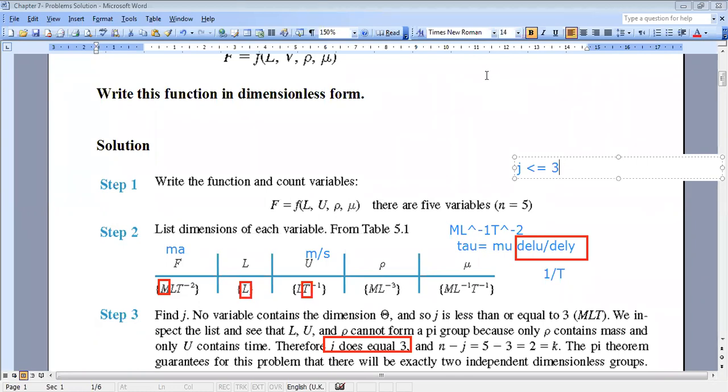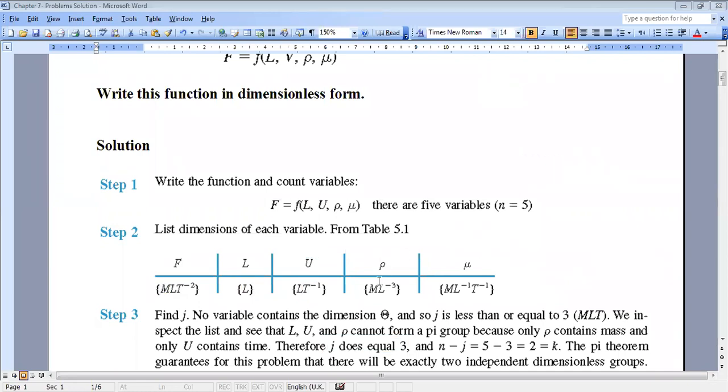For example, let us look at our variables. If I choose these 3, rho, u, l, who can tell me why it's impossible for them to form one group? Because the condition of a group is that when you combine them with certain exponents for L, U, and rho, you get a total dimension of 1. Why is it not possible here?